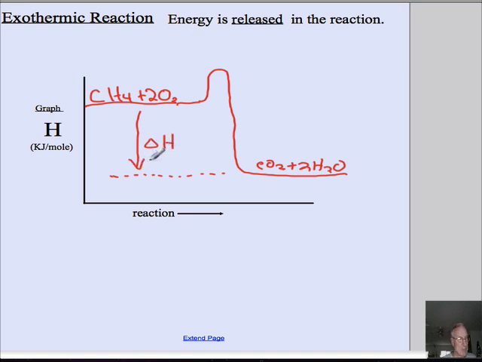I should have made that probably even a bigger drop-off, because that's supposed to be 890 kilojoules in this case. We still have our activation energy from the beginning up to the top. The energy required to get the reaction going in the first place has to meet some minimum value. So there's our activation energy shown by that arrow there.